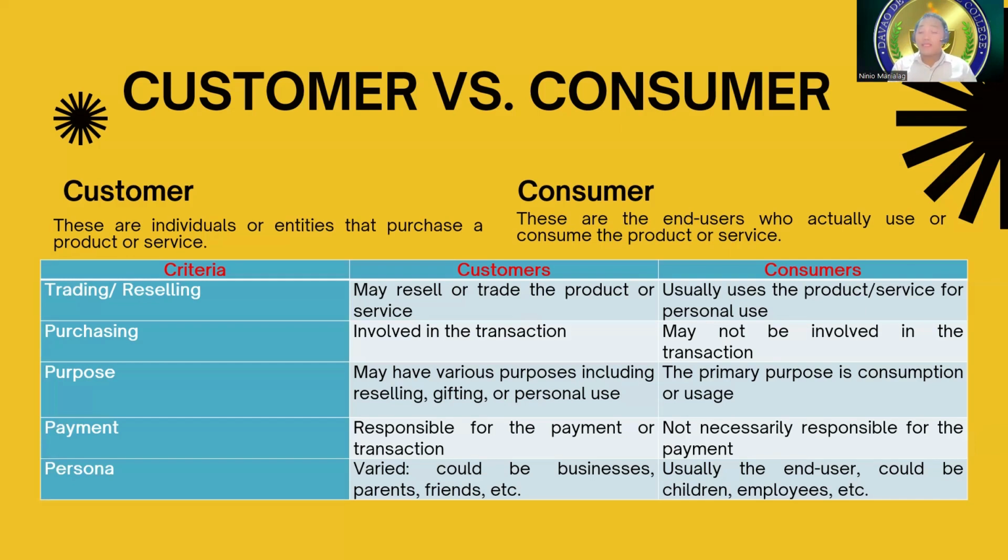Since the baby doesn't have buying capacity or purchasing power, the baby could not be the customer. But the baby is the consumer because the baby uses that food for personal use. All right, now let's continue.